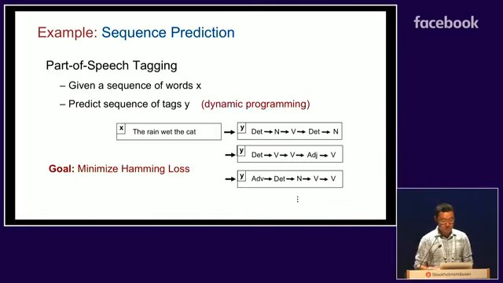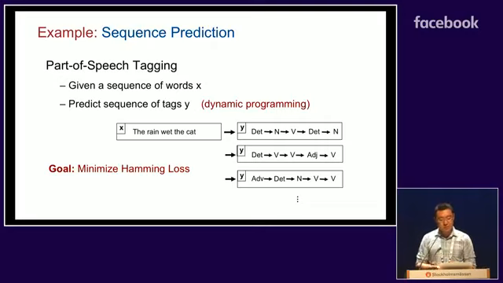And so let's sort of get into a little bit more of the technical details with the simplest version of structured prediction, which is sequence labeling. And the most common example here is part of speech tagging. It's also quite common in various computational biology applications as well.